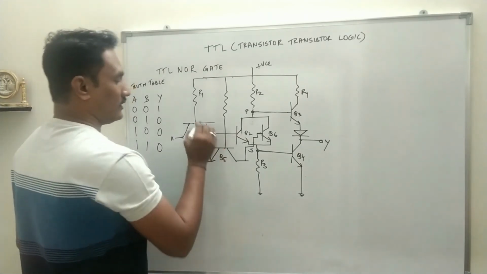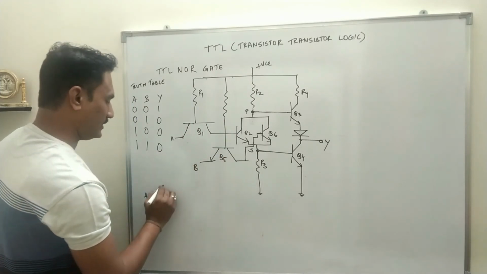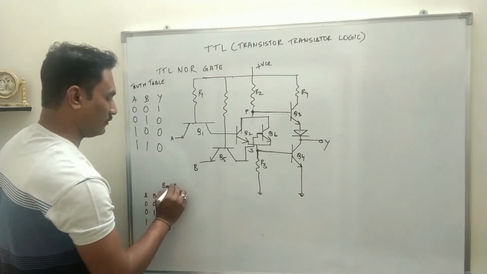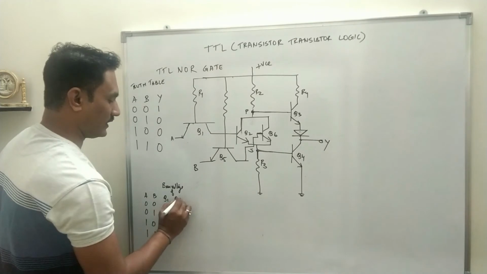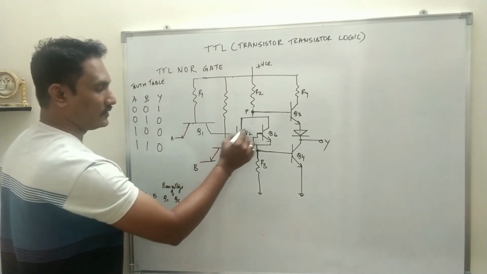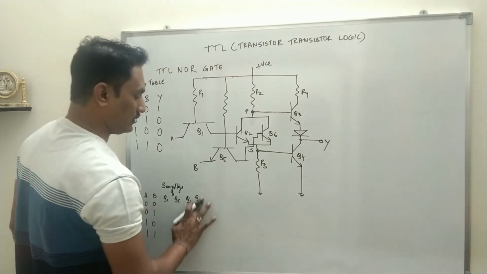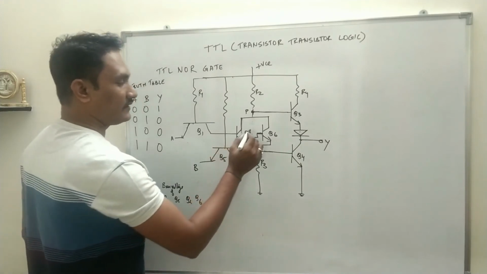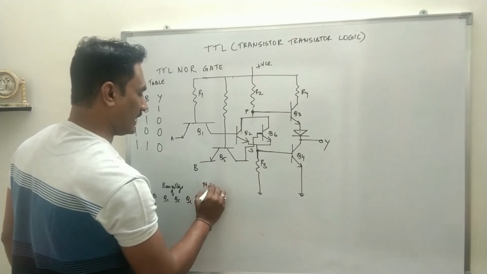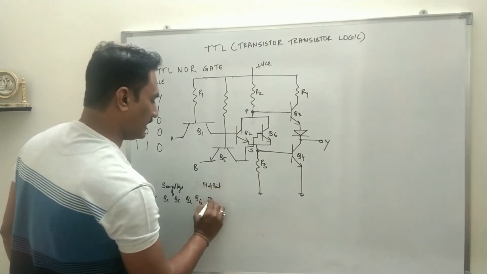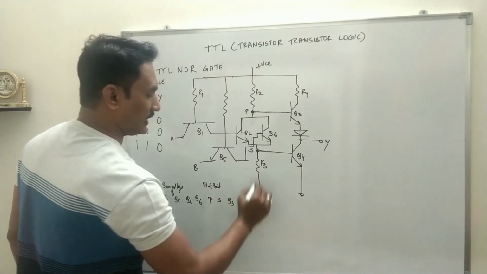Now we have the base voltage of Q1 and Q5, which depends upon A and B. Depending upon the base voltage of Q1 and Q5, Q2 and Q6 will work, and depending upon the condition of Q2 and Q6, the potential at points P and S will be decided. Depending upon that, Q3 and Q4 will be there, and therefore the output Y.